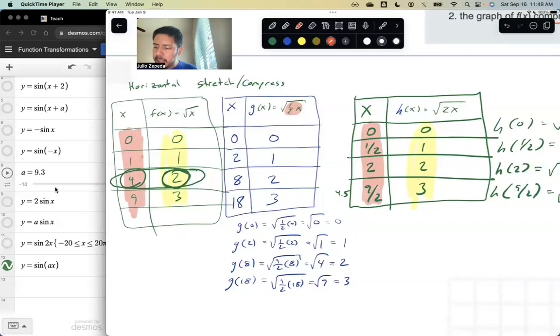Divide them by a. A is a value of 2 in h of x, so we just divide everything by 2. In g of x, a is 1/2. If we divide all of the original x values by 1/2, it will double them. Okay, so hopefully you can see that.